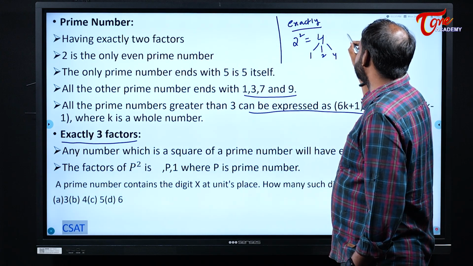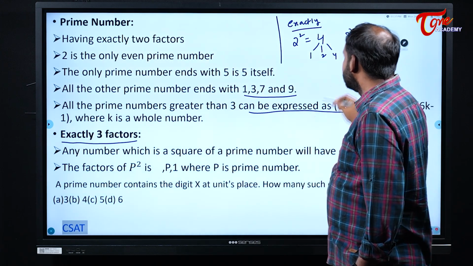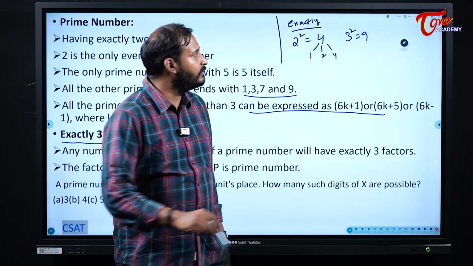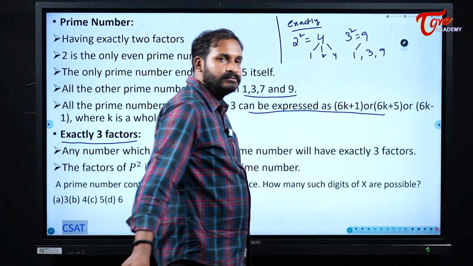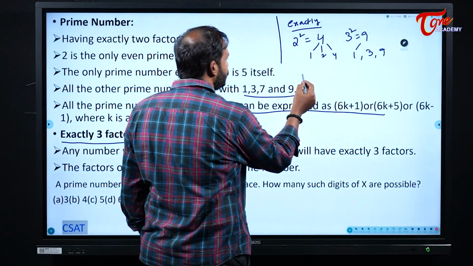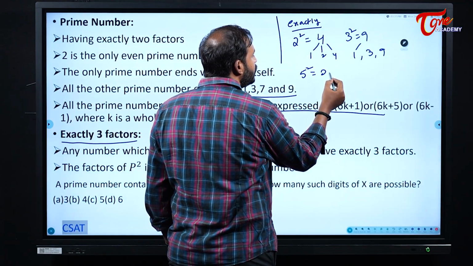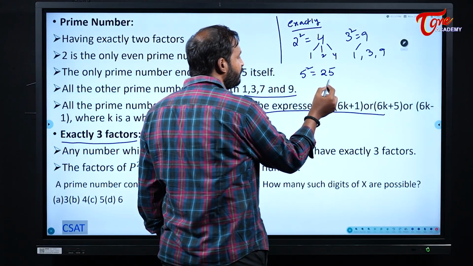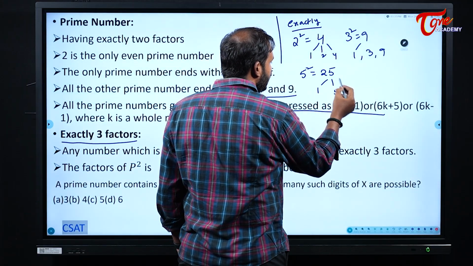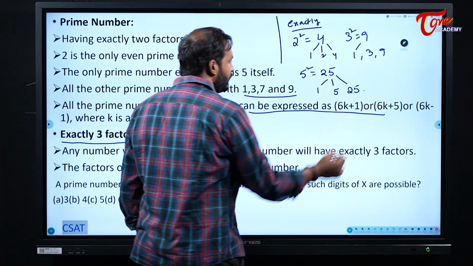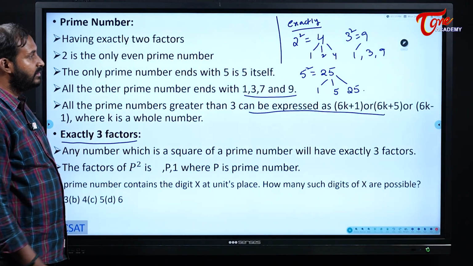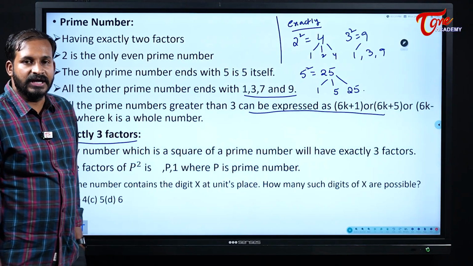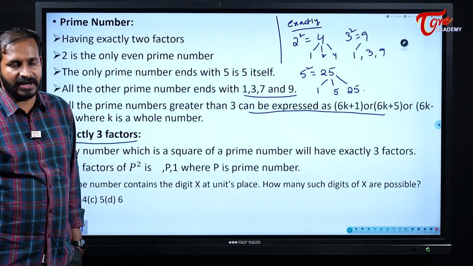Next, similarly 3 square is what? 9. So what are the factors for 9? 1, 3 and 9. And let us check 5 square. 5 square is what? 25. What are the factors for 25? 1, 5 and 25. Any number which is a square of a prime number, that means 4, 9, 25, these are actually squares of prime numbers, right?